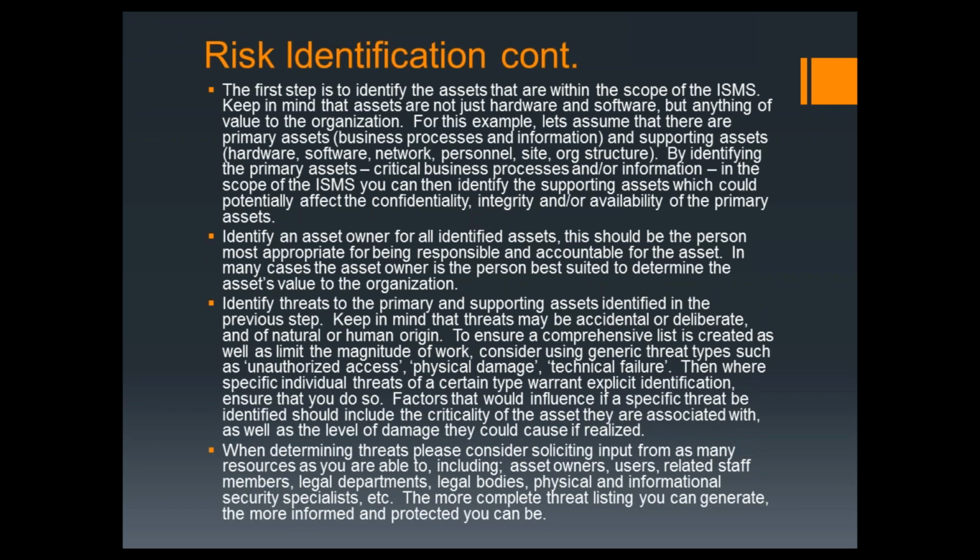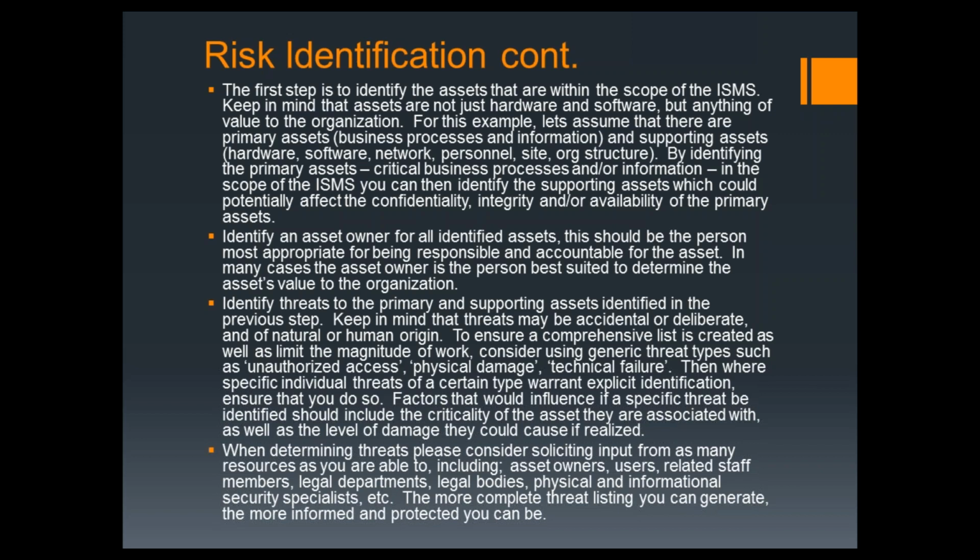So the first step in this method that I'm using, again, just for illustrative purposes, would be to identify the assets that are within the scope of the ISMS, keeping in mind that assets are not just hardware and software, but anything of value to the organization.